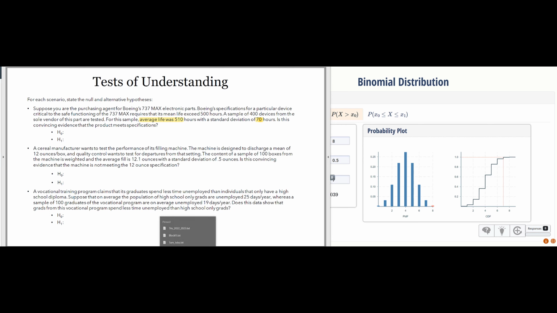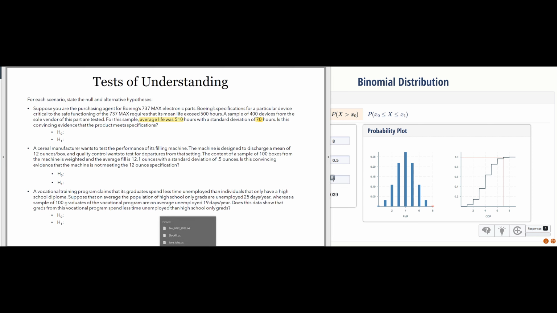And then for the second one, a cereal manufacturer wants to test the performance of its machines. The machine is designed to issue 12 ounces per box. Quality control wants to test for departures from that. We collect 100 boxes at random, and we discover that for this sample, the average is 12.1 ounces, and the standard deviation is 0.5 ounces.